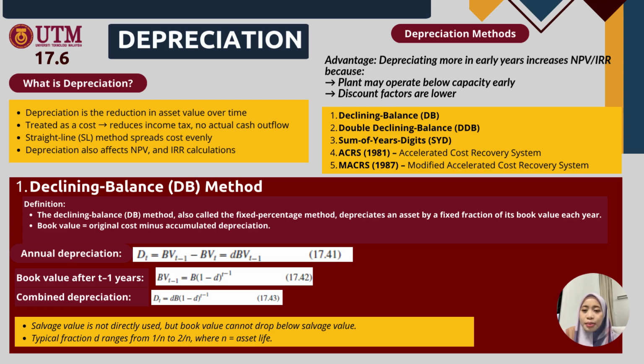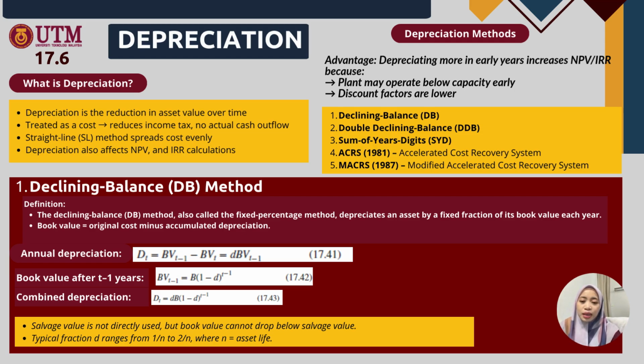The declining balance method, also called the fixed percentage method, calculates depreciation as a fixed fraction of the asset's book value each year. Here, the book value is the original cost minus accumulated depreciation. It is decreased every year, but it cannot drop below the salvage value.